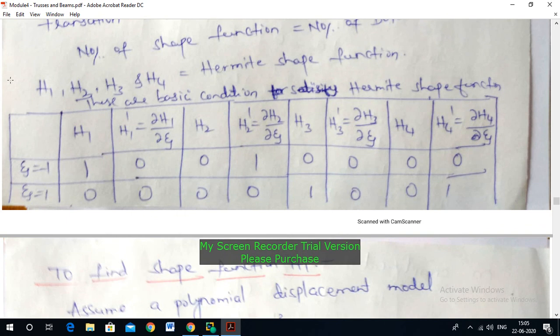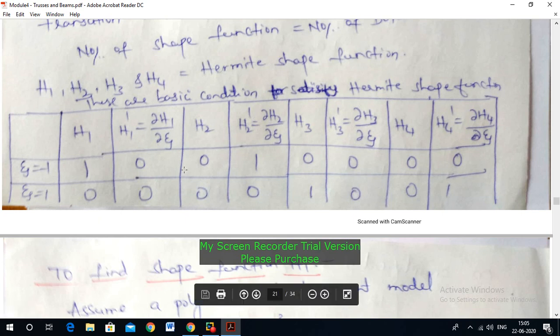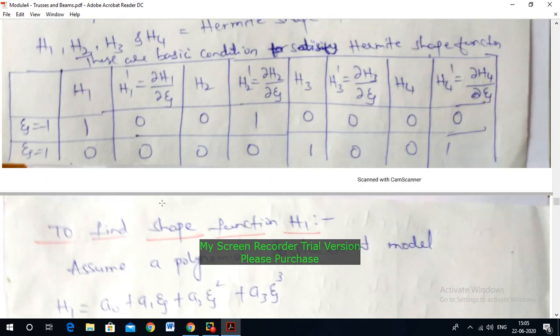These are the boundary conditions for the beam element that I consider for the derivation, and all of you should compulsorily remember this table, and it is helpful for solving the problems also. And it always consists of 4 Hermite shape functions, h1, h2, h3, h4. We can call it the boundary condition for each and every node in the beam element.